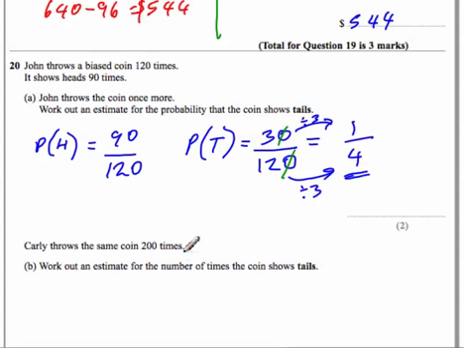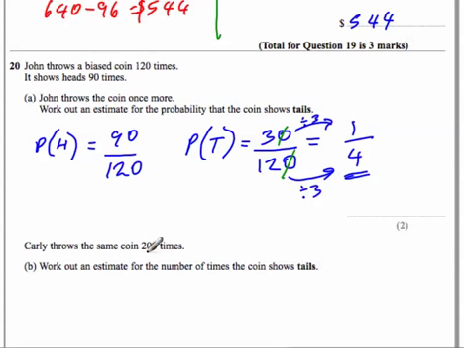So the probability of getting a tail, we've already worked out, is a quarter. So that means that 1 in every 4 coins will be a tail. A quarter of the coins should be tails.